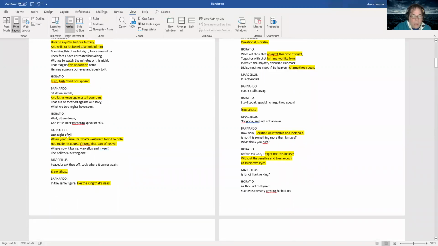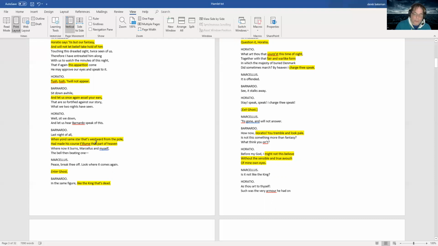"Last night of all, when yon same star that's westward from the pole had made his course to illume that part of heaven where now it burns, Marcellus and myself, the bell then beating one." Note here, and this is introducing an element and a theme in the play that will be built upon: the stars, astrology.